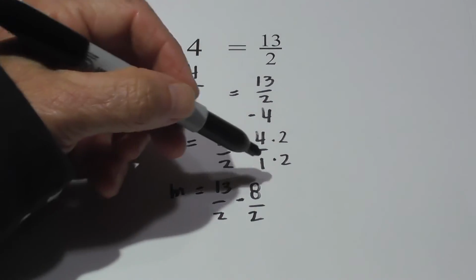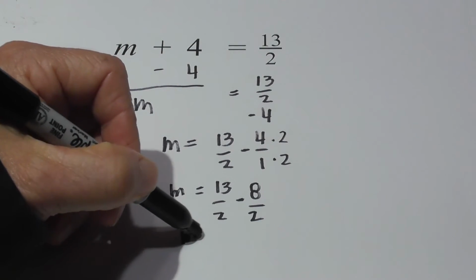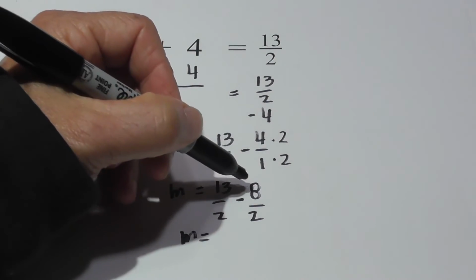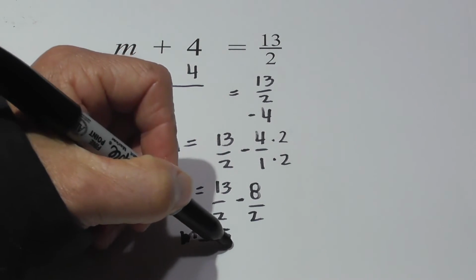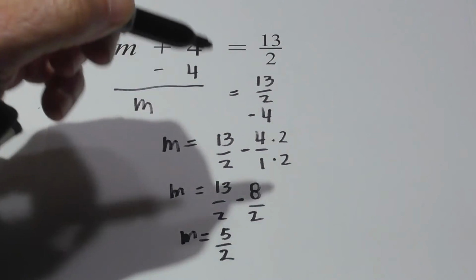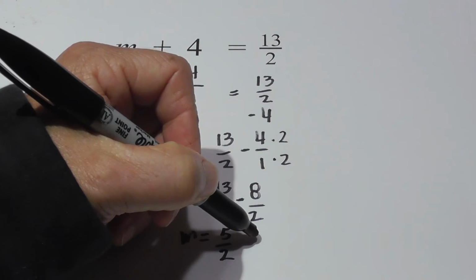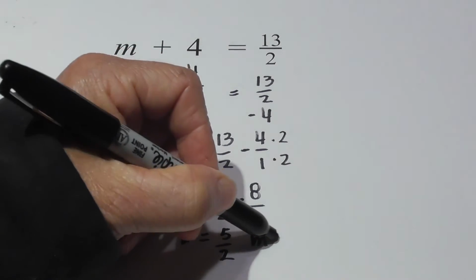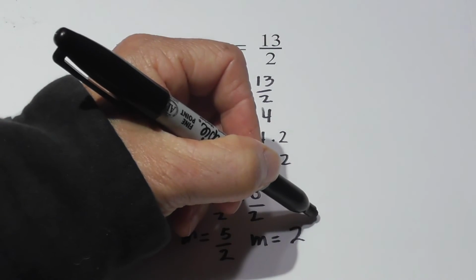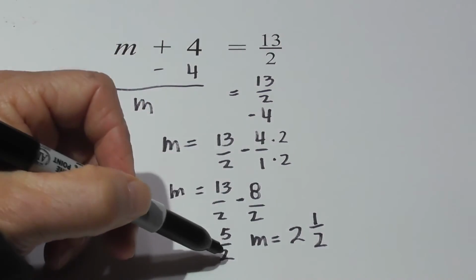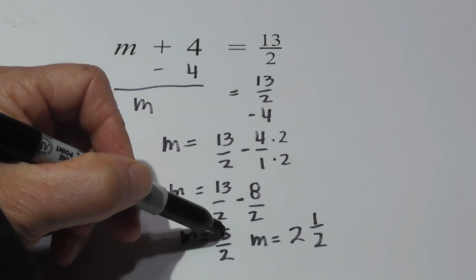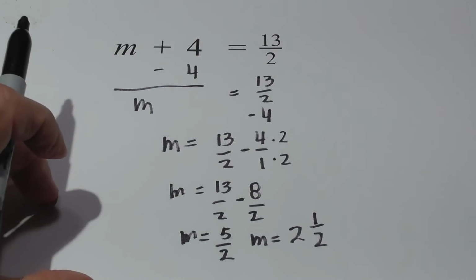Now 13 minus 8, so m equals 13 minus 8 is 5 over 2, which can be rewritten as m equals 2 and 1/2, because the 2 goes into the 5 2 times with 1 remaining.